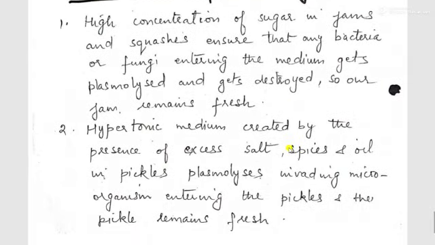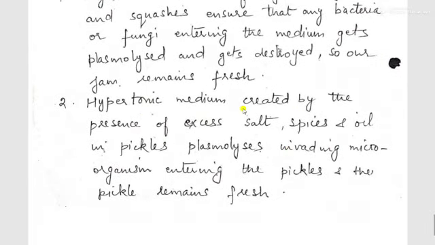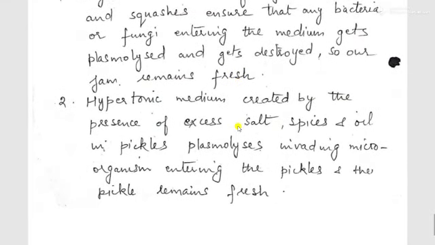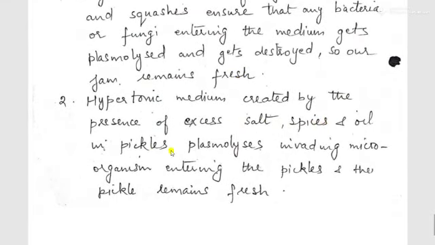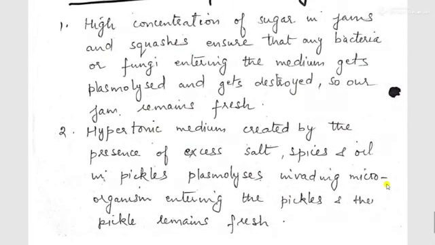Second example is hypertonic medium created by the presence of excess salt, spices and oil in pickles, which plasmolyzes invading microorganisms entering the pickles, and the pickle remains fresh. So in the same way as we have seen in jam, in case of pickles also, spices, salt and oil are present in large amounts, so the whole solution is very much concentrated.